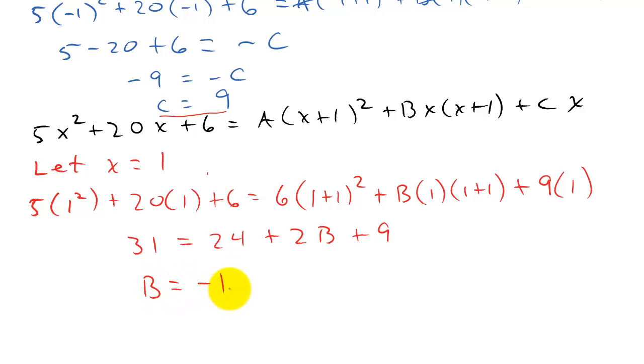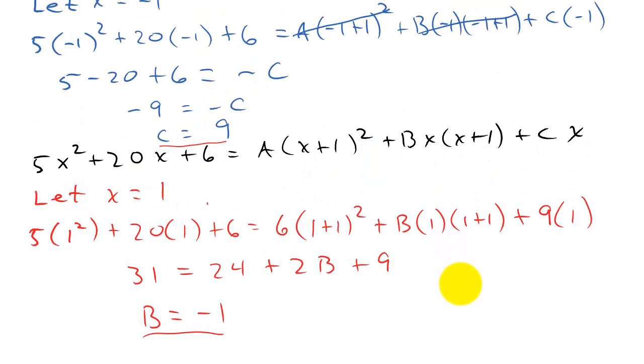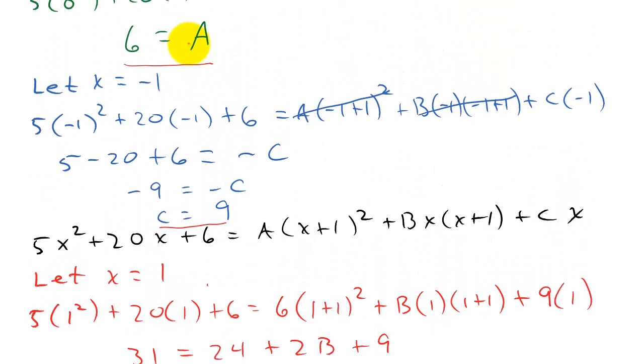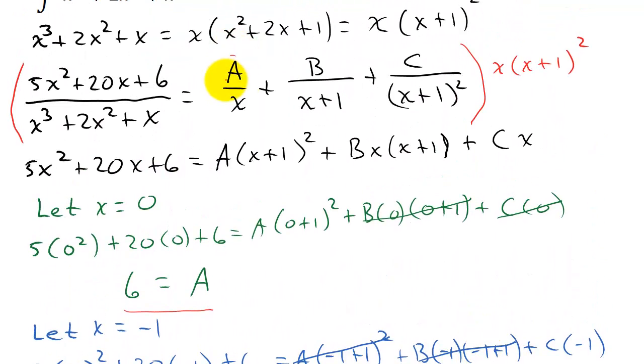I know you can solve that, so I'm not going to go through all that. Now we're ready to take b equal to negative 1, c is 9, and a is 6, and plug the a, the b, and the c in.